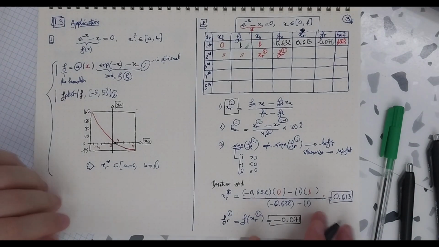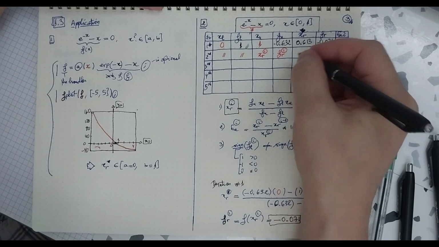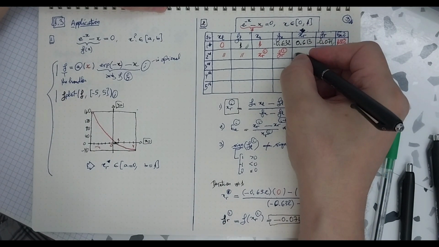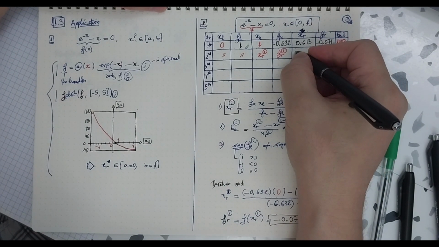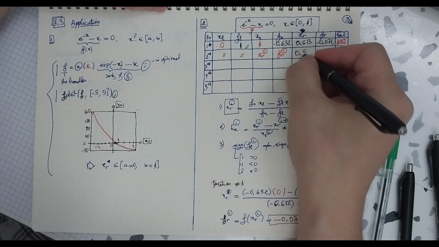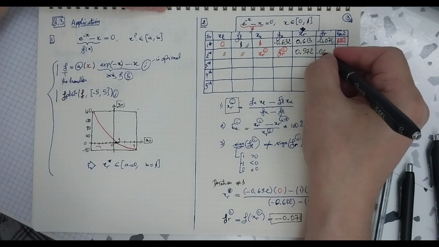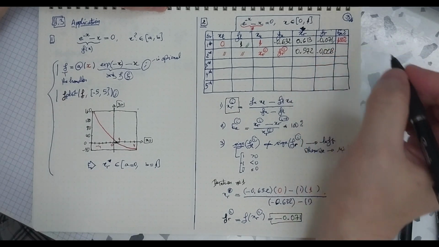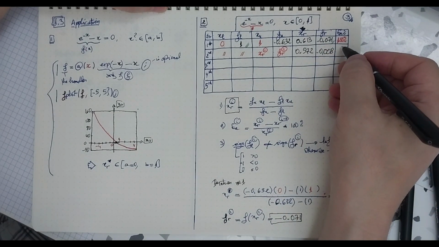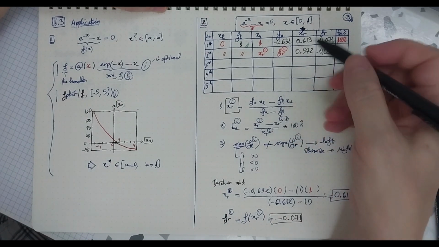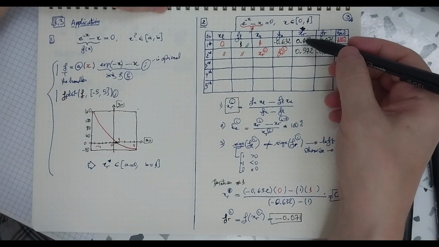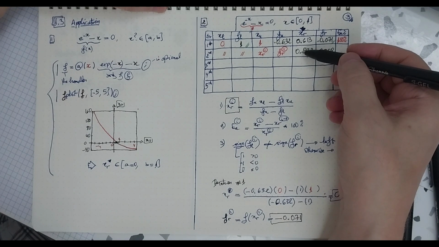So let's come back here to the table and report the values we have found. 0,572, minus 0,008. Now for the error, it's very simple. The current minus the previous over the current.